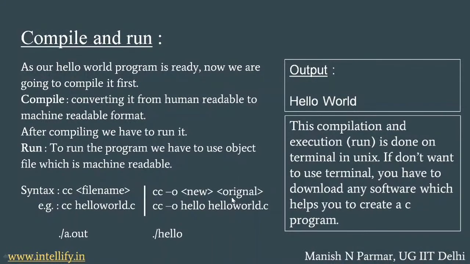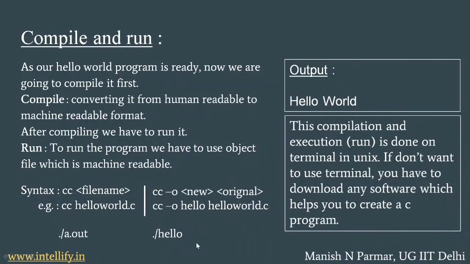In this one case, you can declare your object file name as you need. You can see here that I used hello as the name for my object file, and here I used hello world.c as my original file.